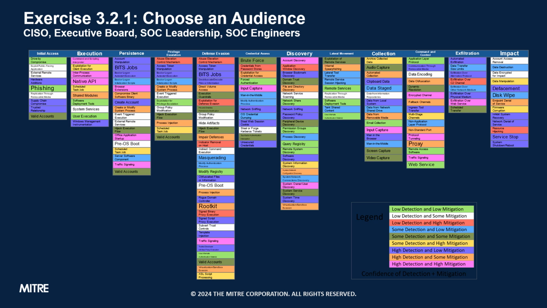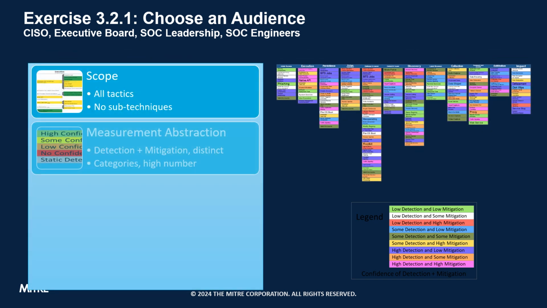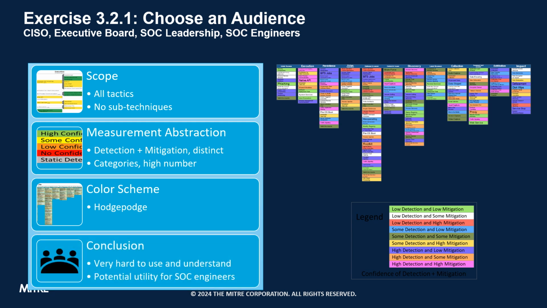Okay, let's now walk through what we think of this heat map, really using those three ingredients, those three things to look at for heat maps. There's a few things to see. Scoping wise, this is all tactics, there's no sub techniques. From a measurement abstraction perspective, we've got an interesting scheme being used.